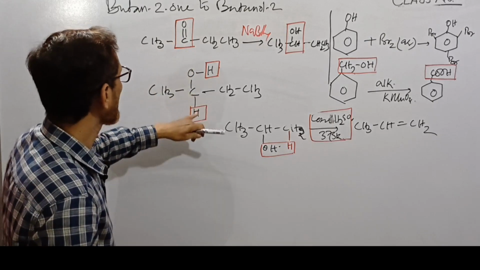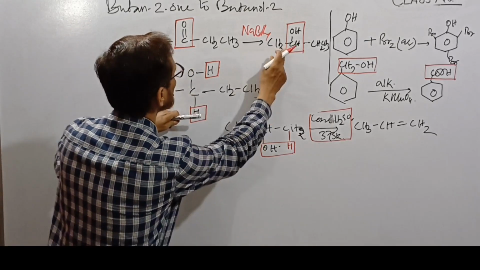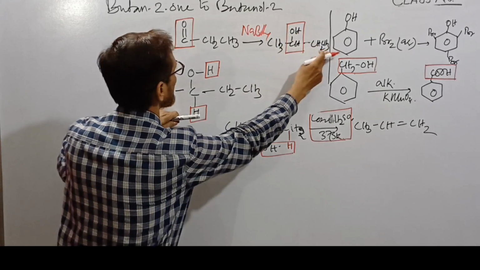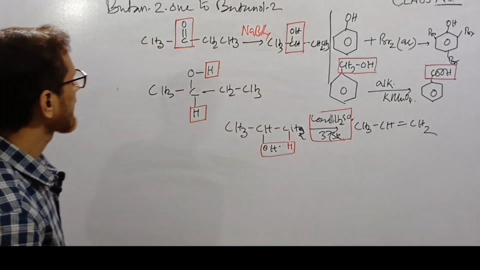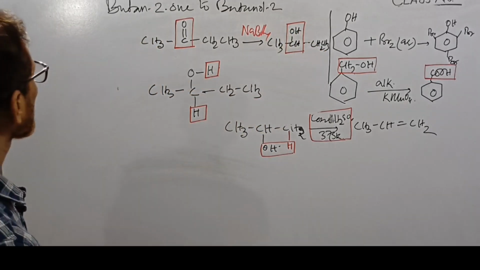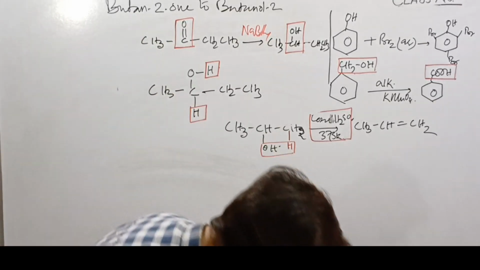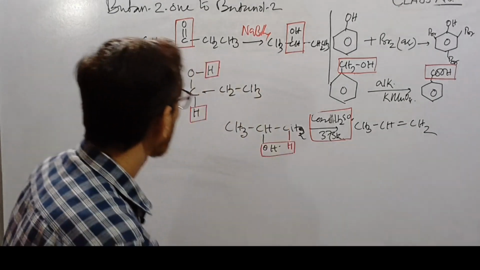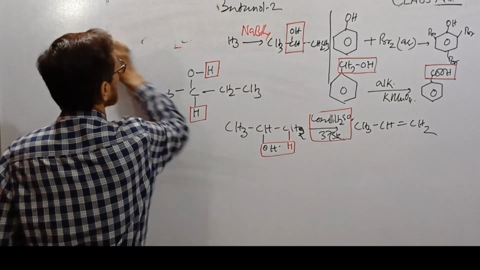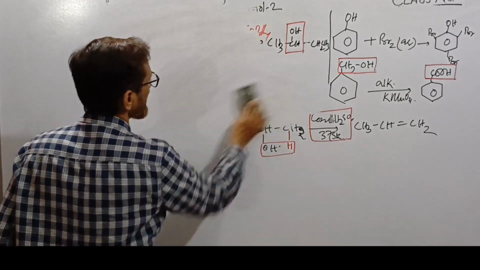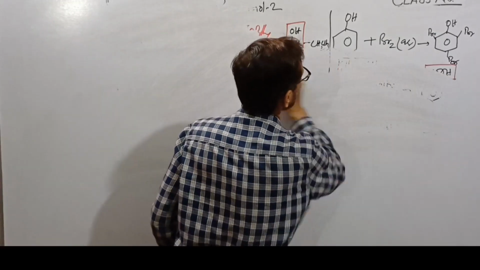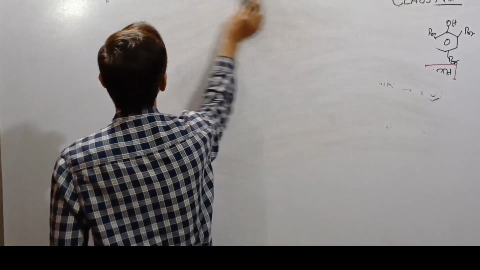So CH3CHOHCH2CH3. So you are getting butan-2-one to butan-2-ol. So this is the type of reagent used. It is the solution from your text.